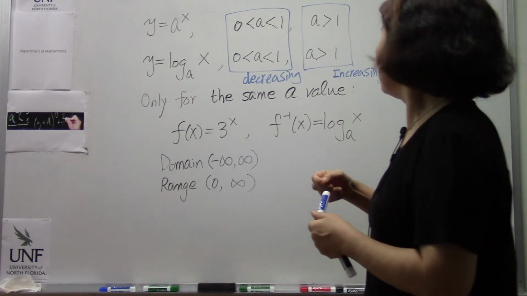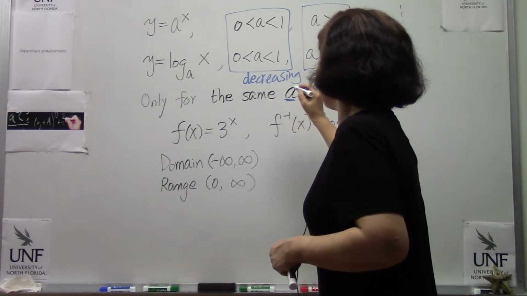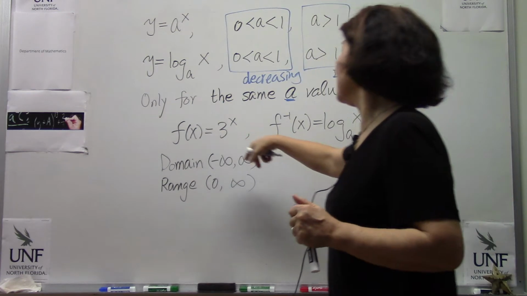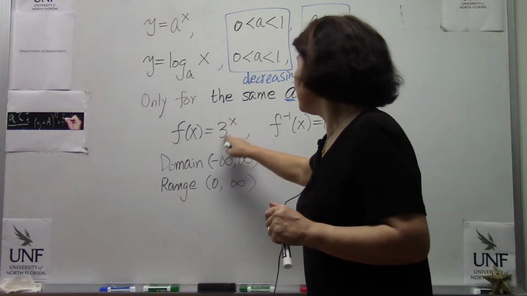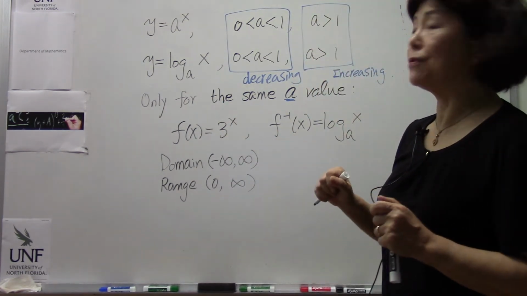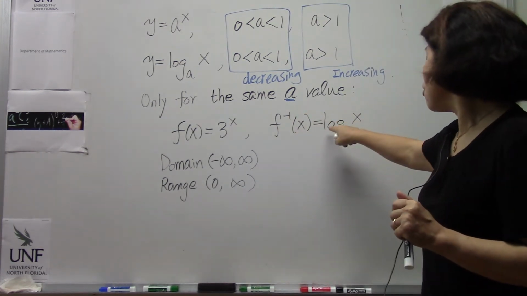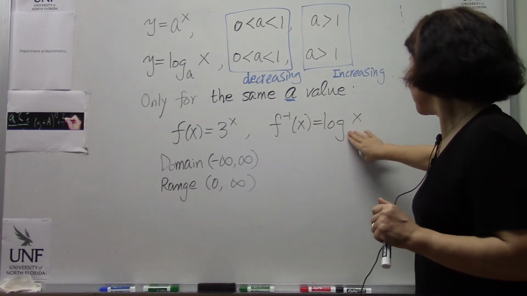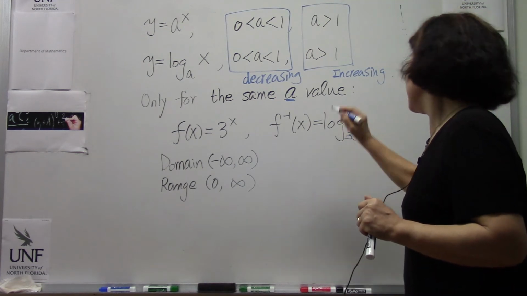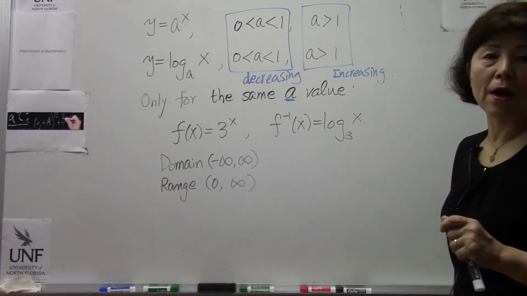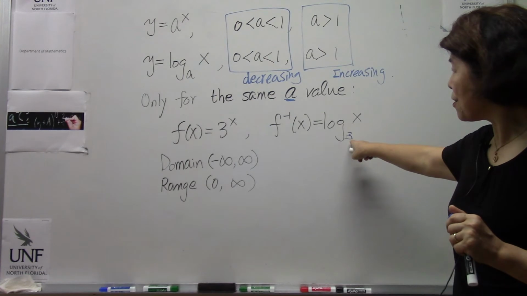And only for the same a value. For example, a equals 3: f of x equals 3 to the x, then its inverse function is log of x, with the same a value. Therefore, you must have the base 3.